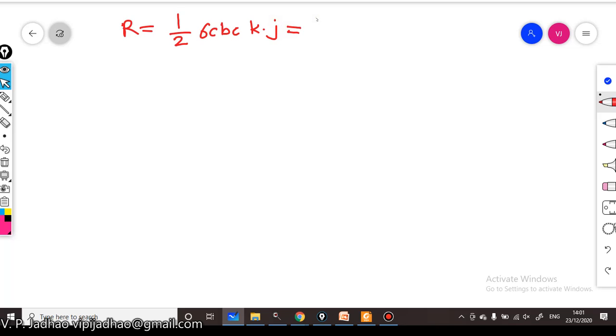Putting in the values, 1 by 2, sigma cb is equal to 10, multiplied by the value of k, 0.416, multiplied by 0.86, that is j. So we get the value of R is equal to 1.78.